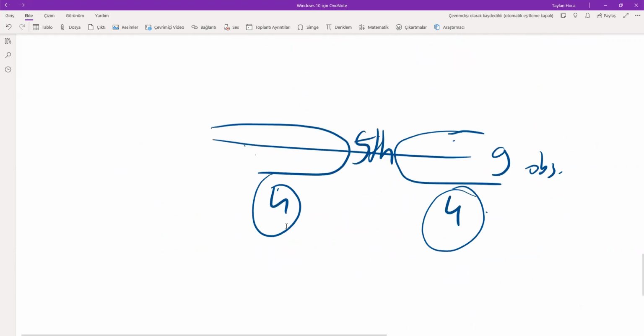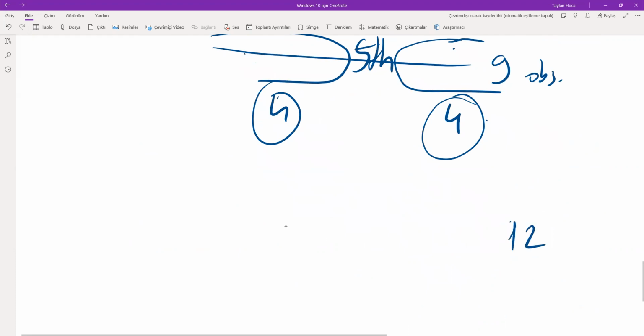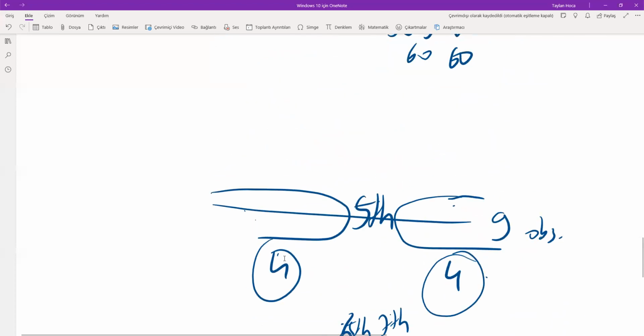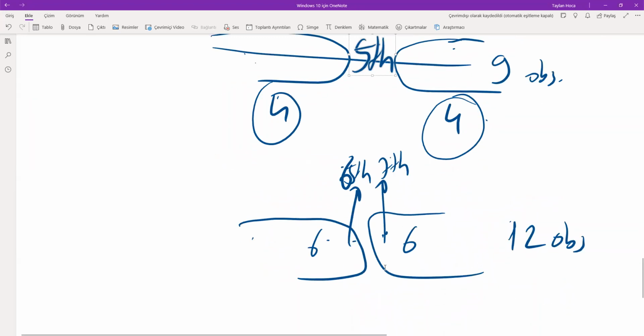If you have an even number of observations, let's say 12, so 6 and 6, the median is the average of the 6th and the 7th. So if you have an odd number of observations, the median is just the one in the middle. If you have an even number, the median is the average of the ones in the middle. Is that correct?